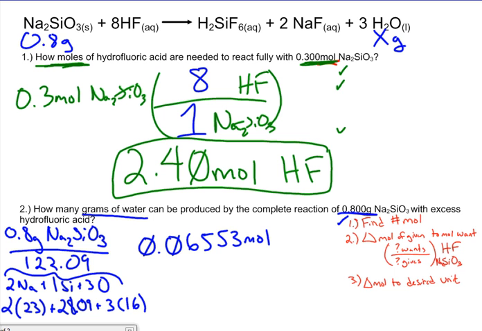Step 2, change moles of given to moles of want. So I'll do a different color, let's do green. To do that, you multiply by the ratio of what you want to what you're given. So what I want is water. What I'm given is sodium silicate.